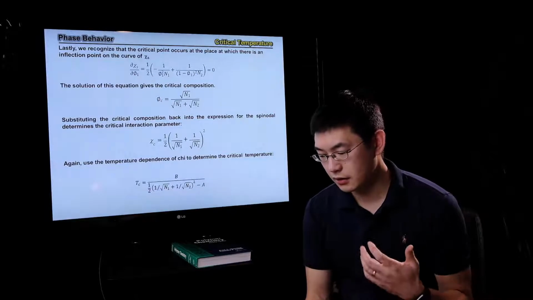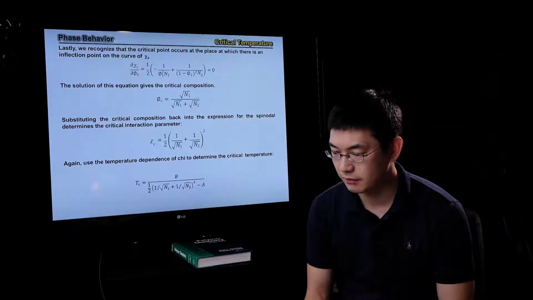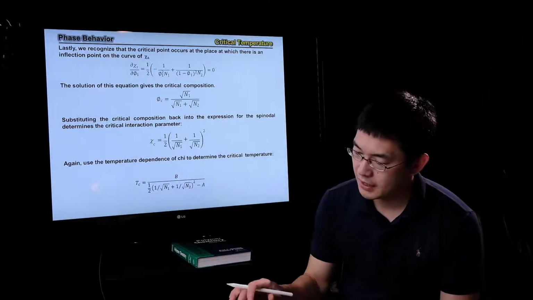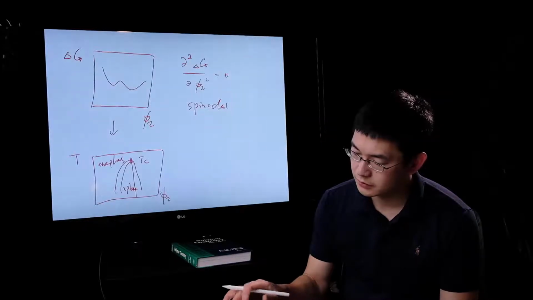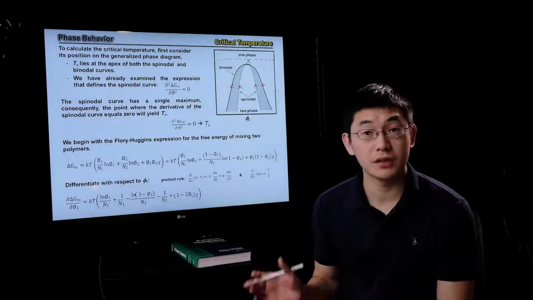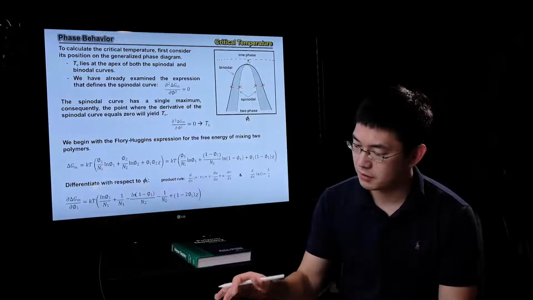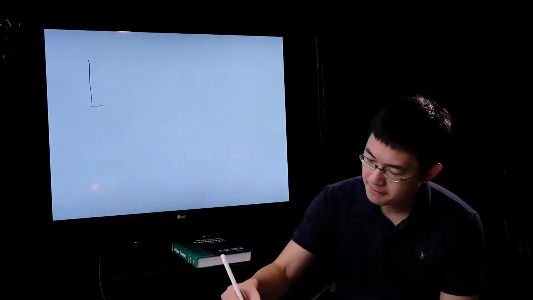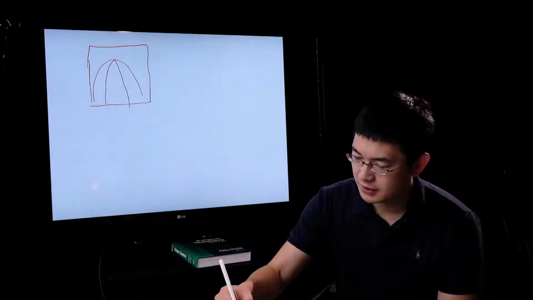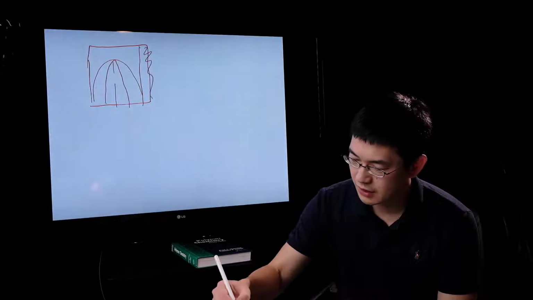The other critical parameter we can have is phi c. What is phi c? If we go back to the phase diagram, when you have a Tc, which is the critical temperature, for this particular polymer, let me draw it. For lattice theory, we always have a very symmetric phase diagram, let me redraw the other half.